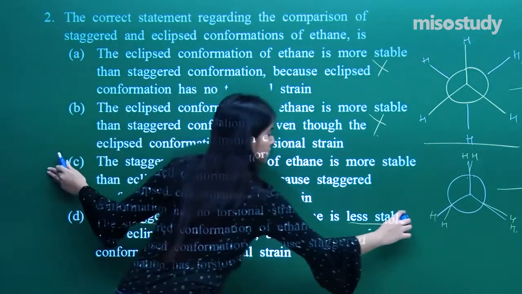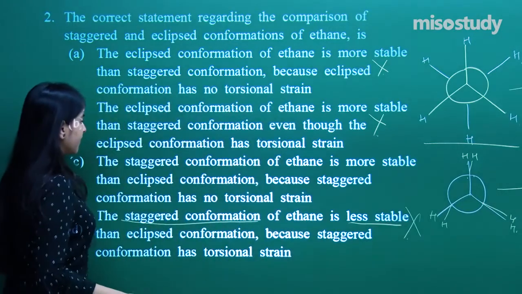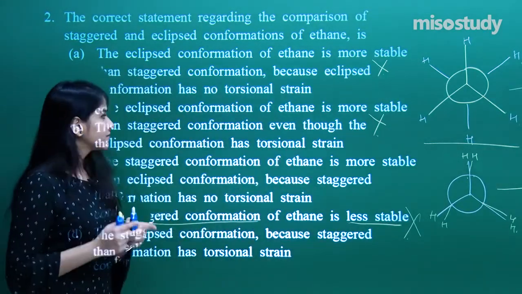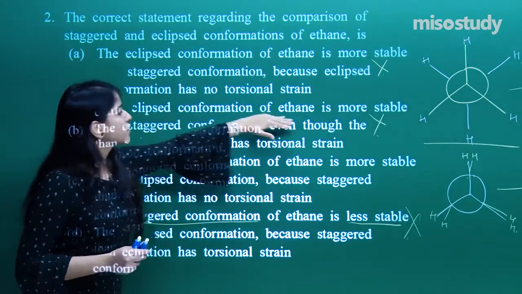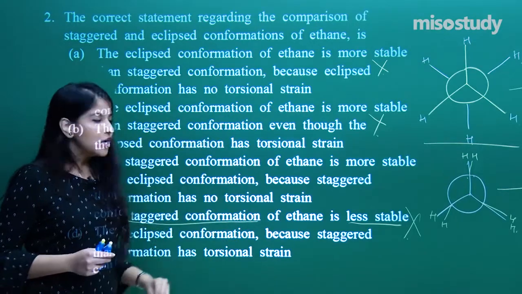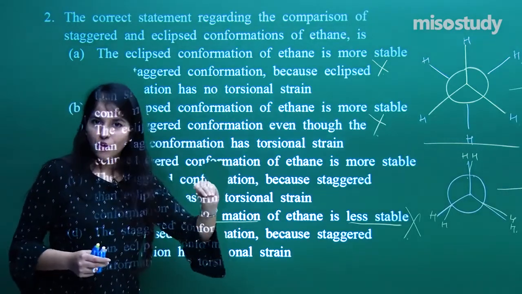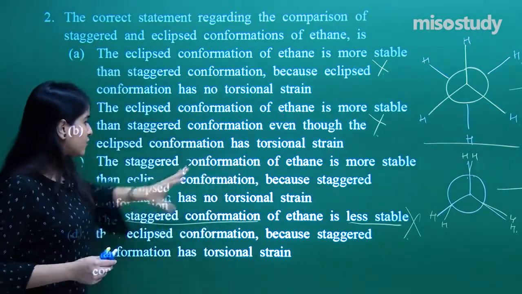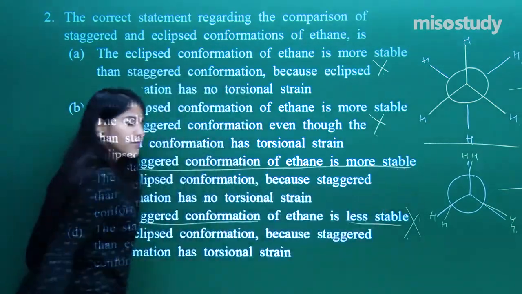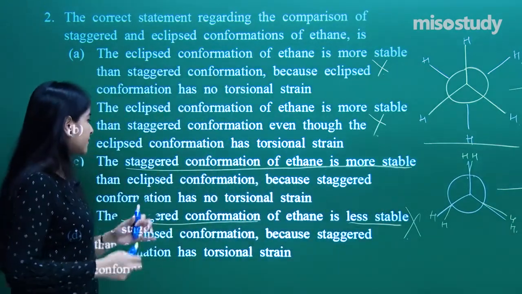No, it is not. In the next, the eclipsed conformation is more stable. You need not go into the detail of the options; we have got the answer right over here, that the staggered conformation is more stable. That is always the answer.